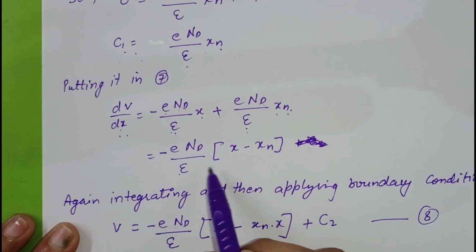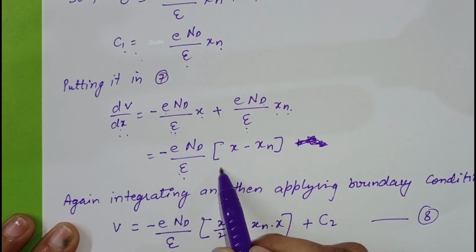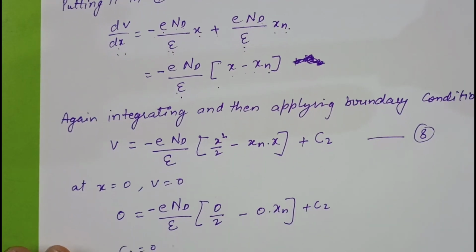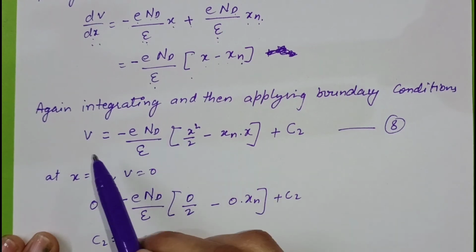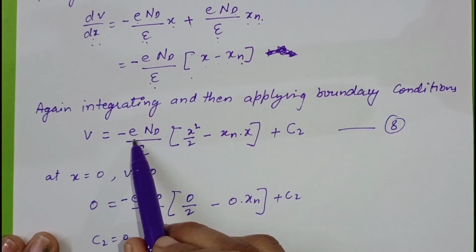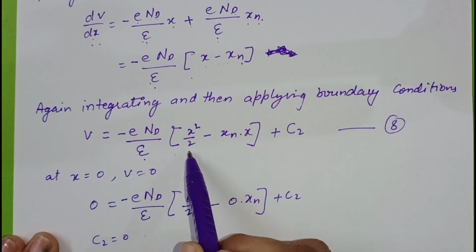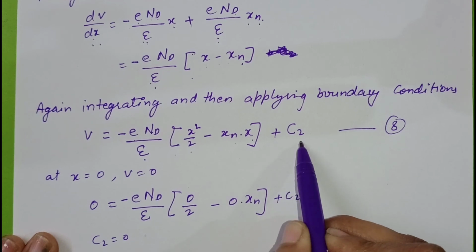Now the equation becomes E Nd upon epsilon in brackets x minus xn. Again integrating the equation, we will get V equals negative of E Nd upon epsilon into x square upon 2 minus xn into x plus C2.